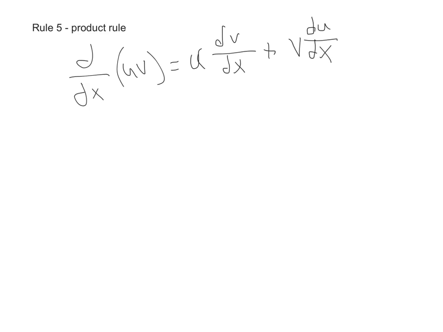Again, the rule says I'm going to take the first factor, which is x cubed minus 4, and then I have to multiply that times the second factor of x squared plus 3. Then I have to add the second factor of x squared plus 3 times the derivative of the first.